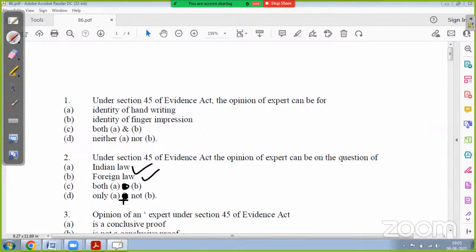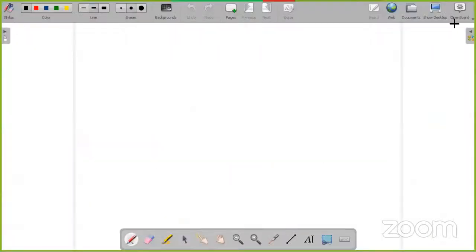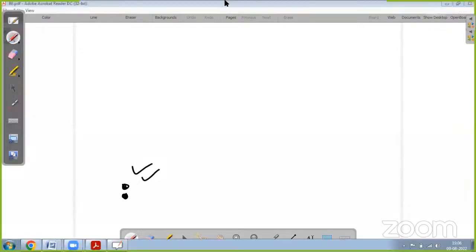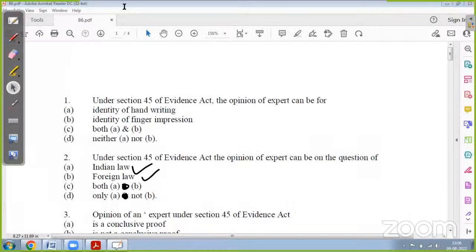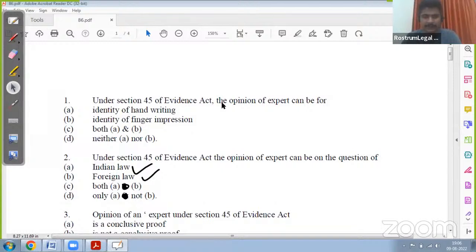The opinion of the expert can be taken on which of the following question? Your options are Indian law, foreign law, both A and B, and none of the above. What should be the correct answer? What will be its correct answer? Tell me quickly. What will be the correct answer?